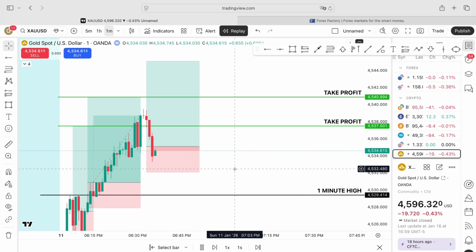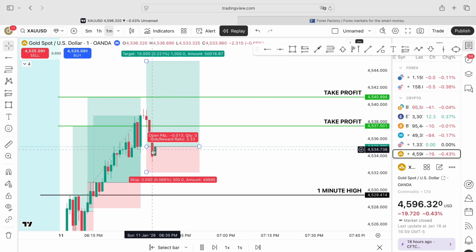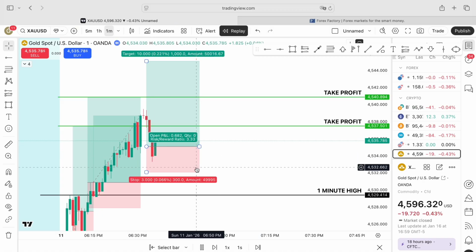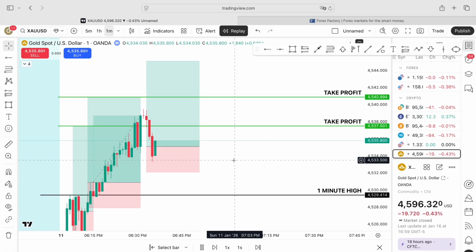Super confident in that trade. Now where I messed up on my part, I should have waited for this candle to close first, right? But I've been trading so long that I can identify winning trade setups.